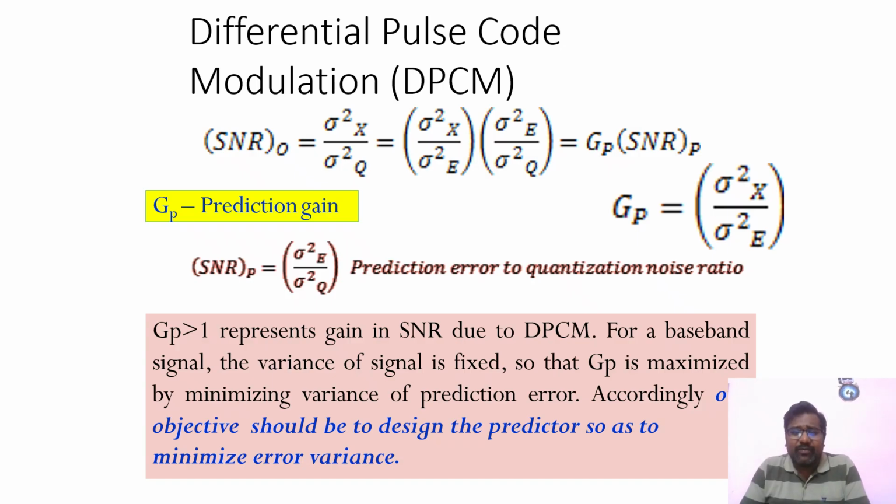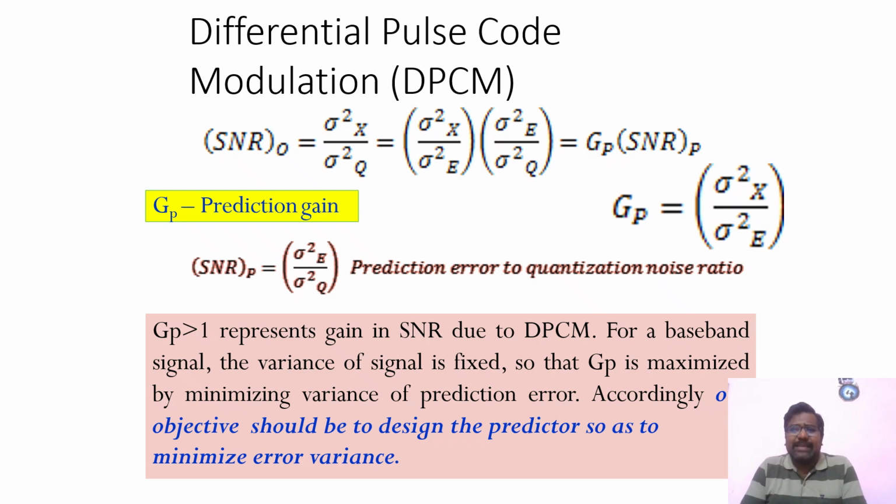Here, for simplification, we introduce sigma square e, where e stands for error. We note another parameter G_P, which is the prediction gain.